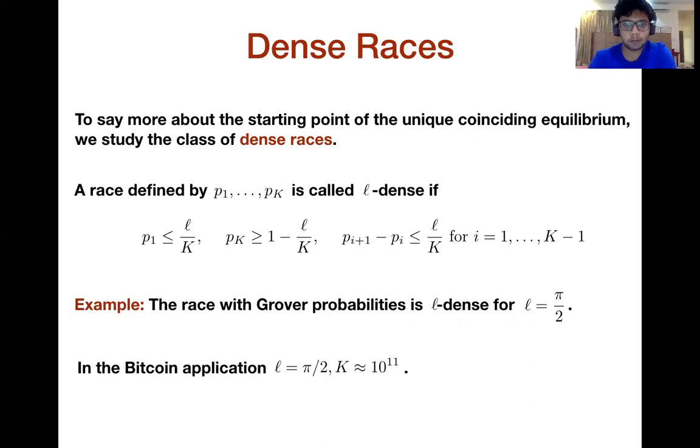So for example, in the Grover's case, we have L is equal to pi over 2. Just keep in mind that for Bitcoin application, this L is pi over 2, whereas the K is very large, as we discussed earlier, of the order of 10 to the power of 11. So the ratio L over K is very small.